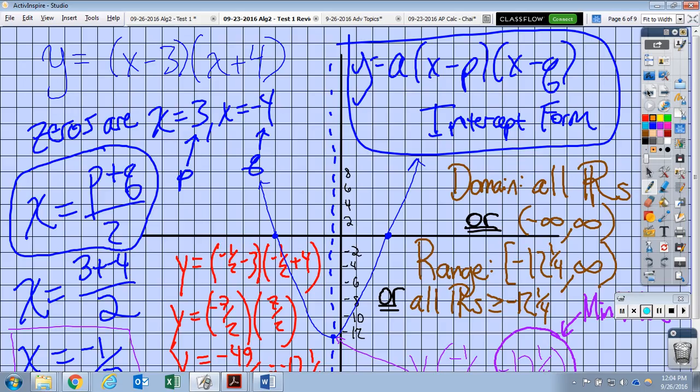This part here, don't let it bother you that it looks like a strange-looking formula. I know you guys have had to memorize tougher ones with the quadratic formula, and even the Pythagorean theorem. But here, why is it (p plus q) over 2? Why is that the axis of symmetry?